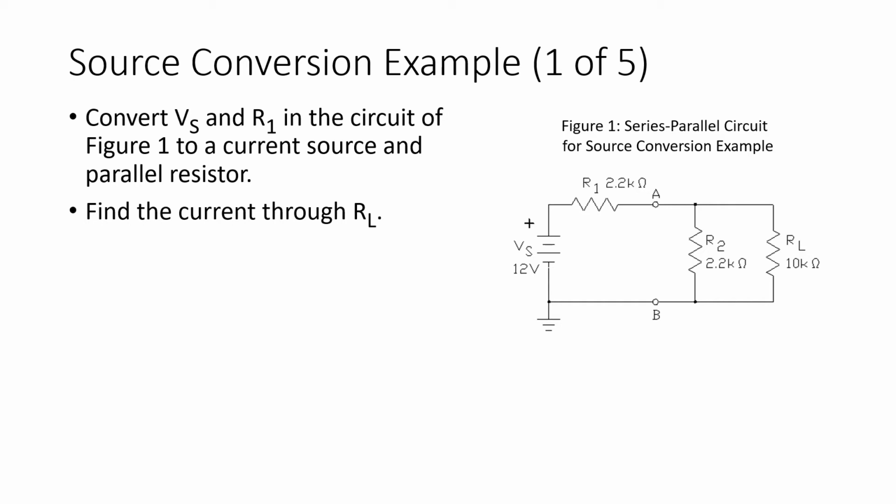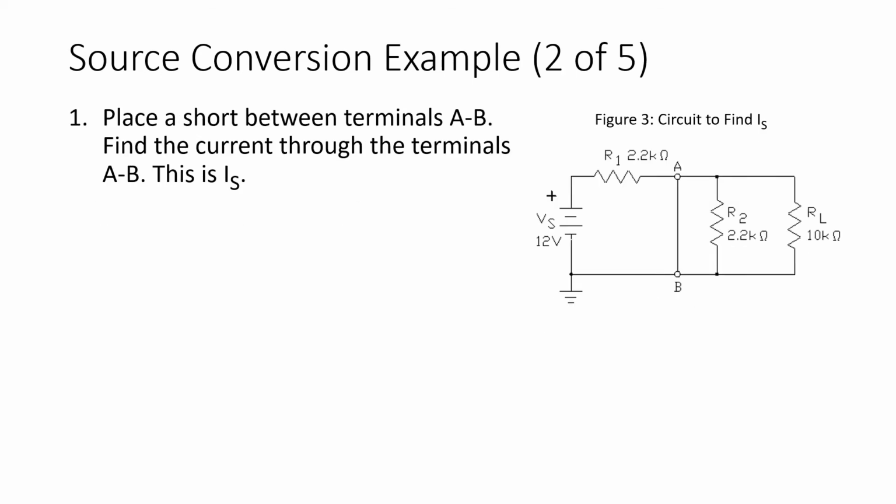So note that the voltage source and its series resistance connect to the two terminals A and B. So we're going to take everything to the left of A and B, Vs and R1, and convert it to a current source, Is, and a parallel resistance, Rp. So the first step is to place a short between the terminals A and B, and then find the current through the terminals A and B, and this is our constant current source, Is.